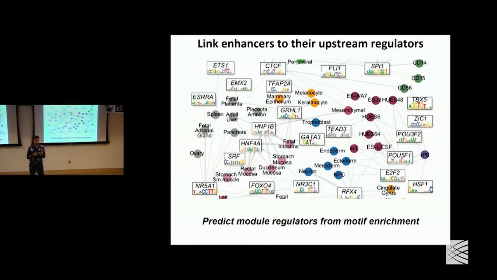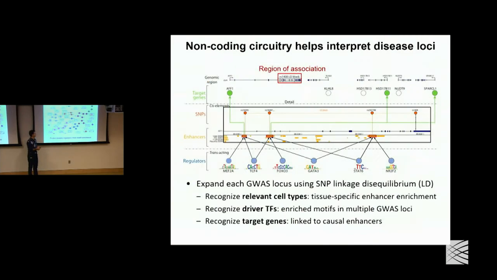So what that allows you to do is say that if I see, for example, HNF1B or HNF4A inside an enhancer active in adult liver, I'm going to make the prediction that a mutation in these motifs is more likely to be causal because it disrupts one of those driver motifs that's enriched in the corresponding enhancer set.